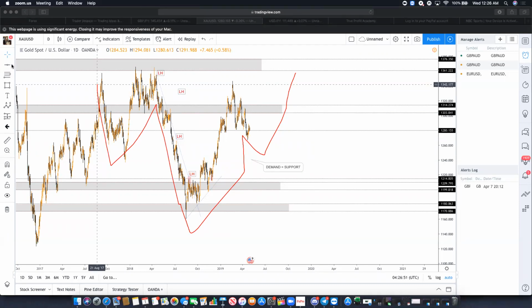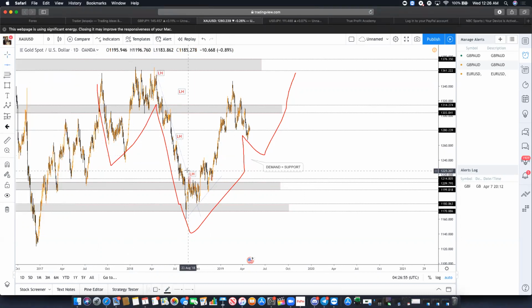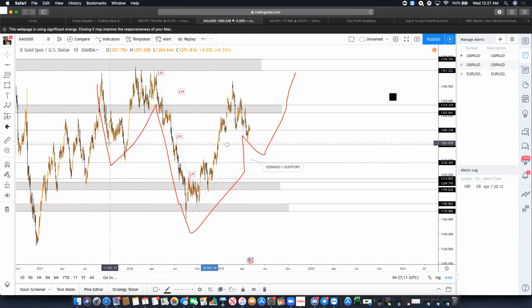Gold is on a sell, probably going down a little bit more. I would like to see it drop further down to 1260, no more than 1236, eventually. I believe gold is going to drop to 1260, which is the upcoming support zone, like a demand zone right around here.